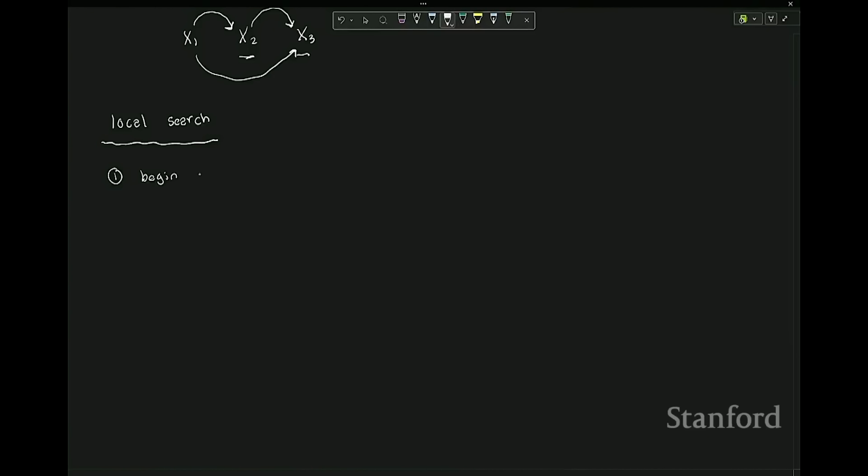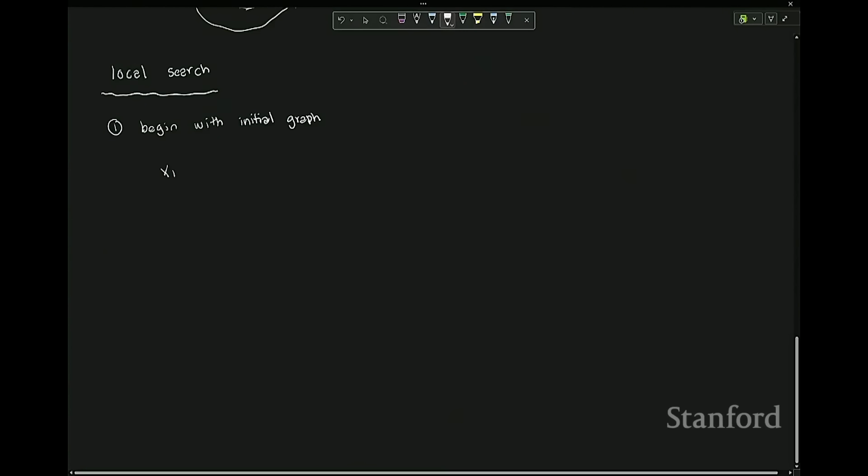You could begin with things fully unconnected, but you don't have to, whereas with K2, you do have to begin with no edges. Although actually, for K2, if you had an edge that you wanted to enforce, you could begin with that edge. You just want to make sure that in your ordering, the edge isn't going backwards, so that you're not introducing a cycle.